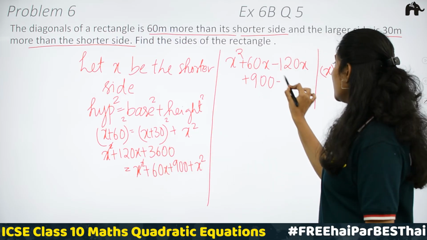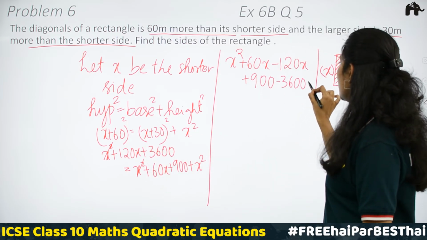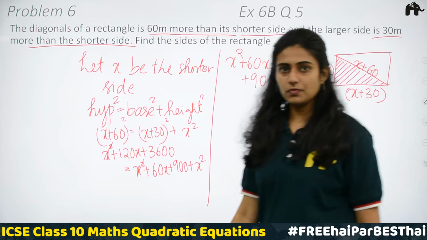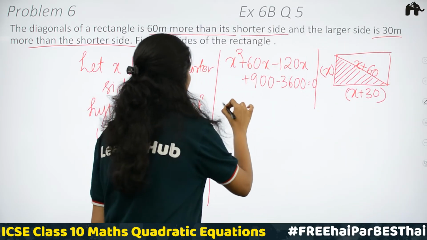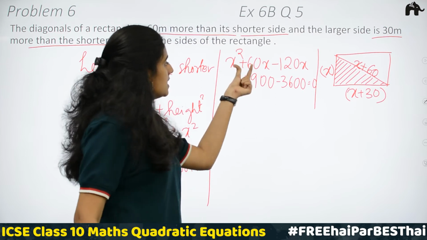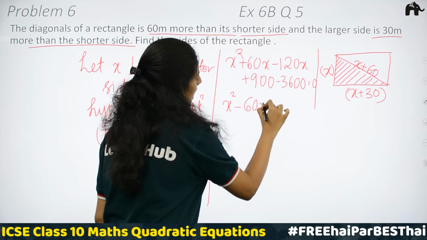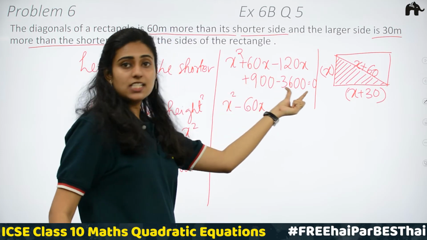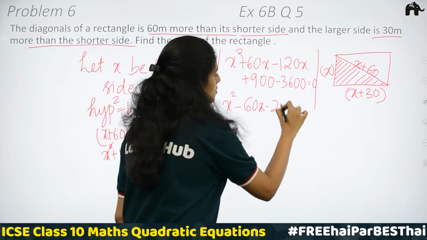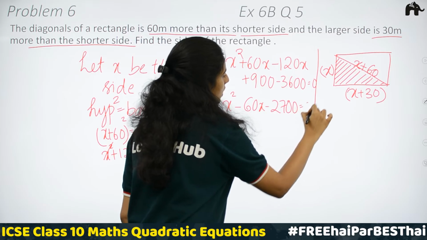It becomes minus 3600. That is equal to 0. Okay. This x square plus 60x minus 120x minus 60x, 900 minus 3600 minus 2700 is equal to 0.